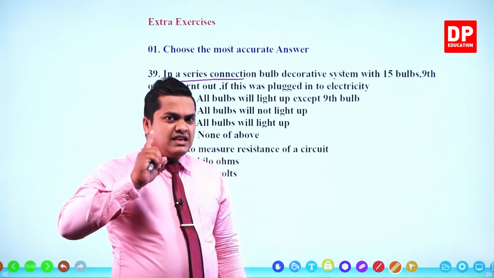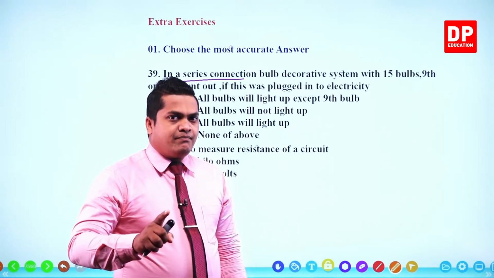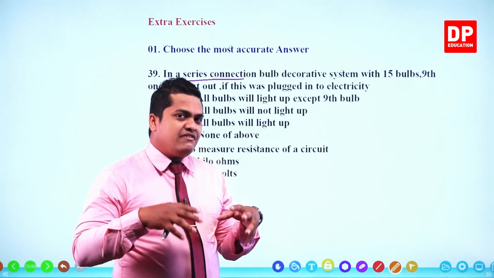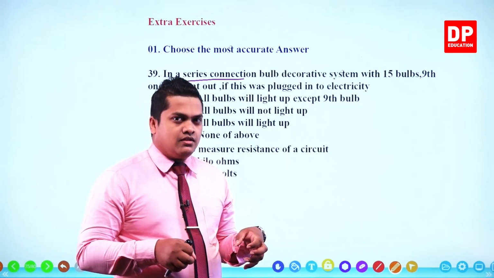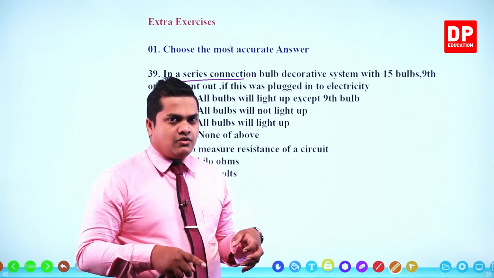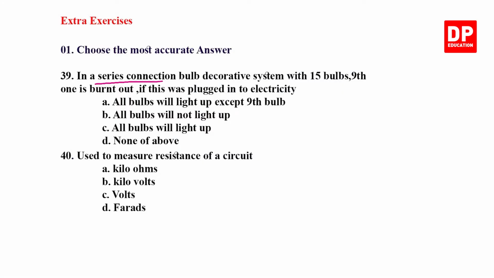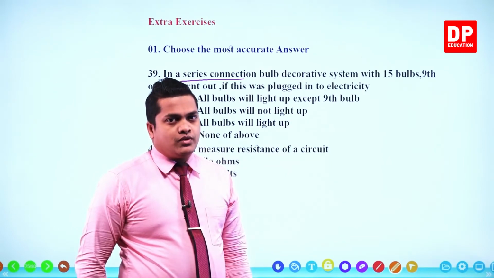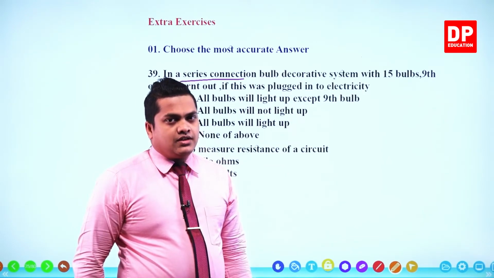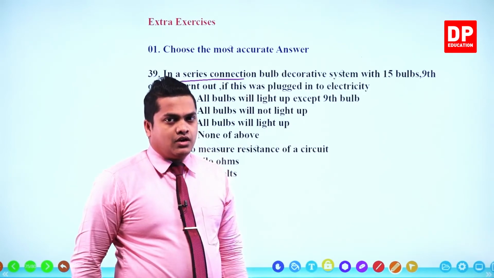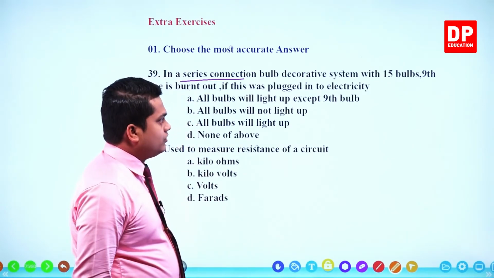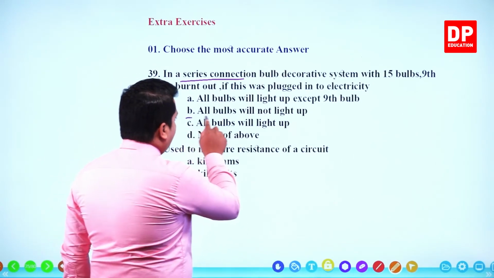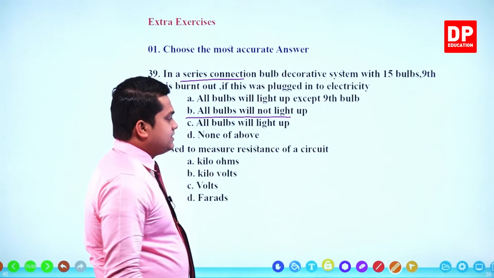So at least if one equipment fails, if one bulb is going to burn out, the whole system is not going to work. Whole system is not going to work if one single bulb is going to burn out. So therefore, all bulbs will not light up as it is a series connection.